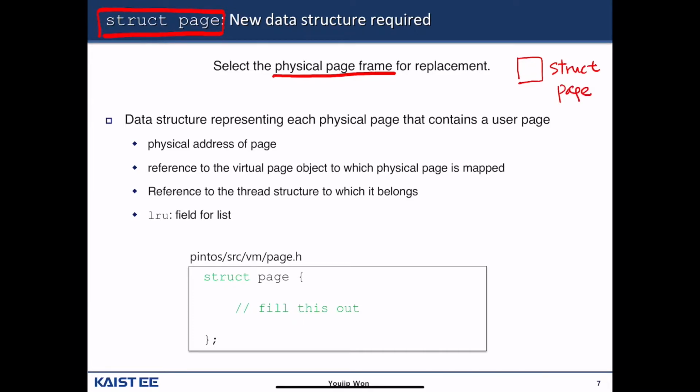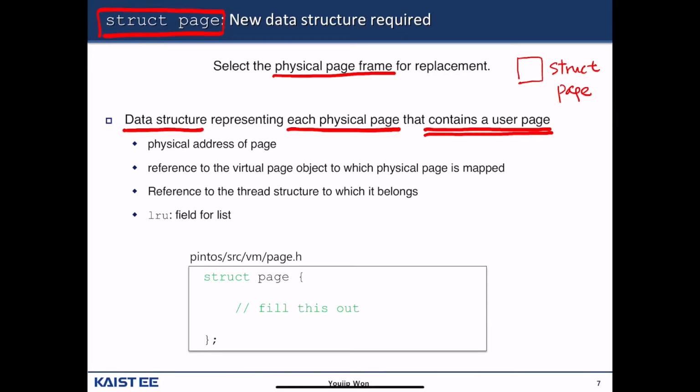So current Pintos does not have any data structure for a given physical page frame. Now we are defining it. So this is a data structure representing each physical page that contains a user page.